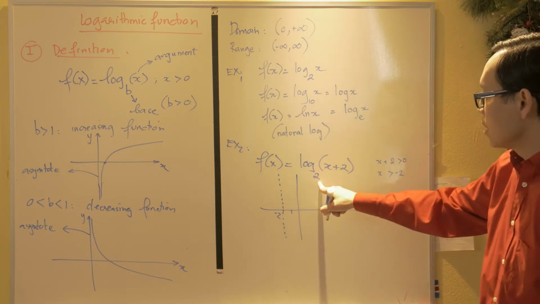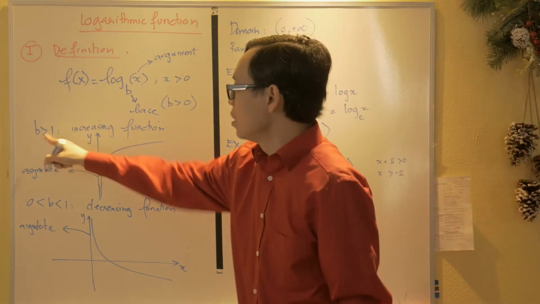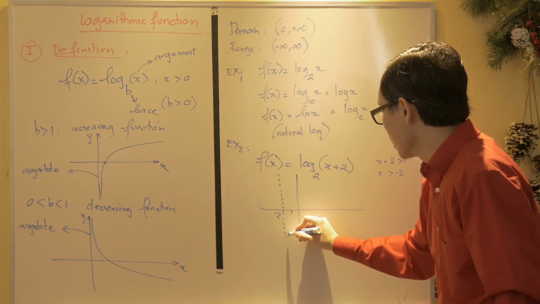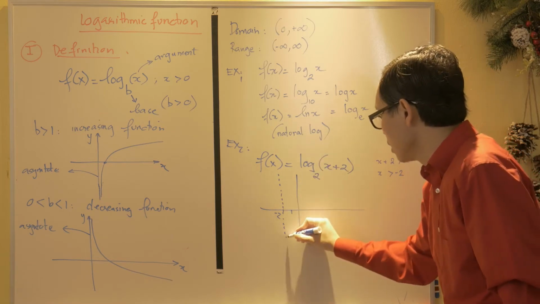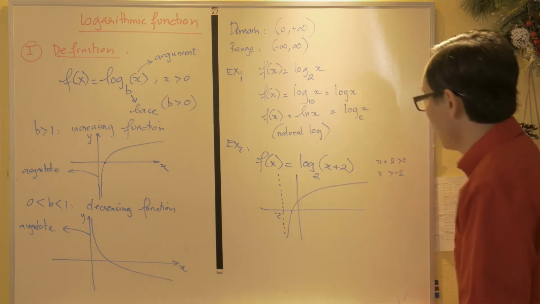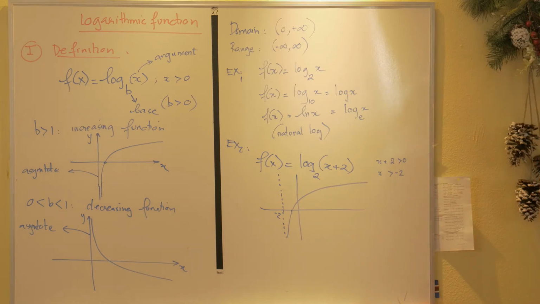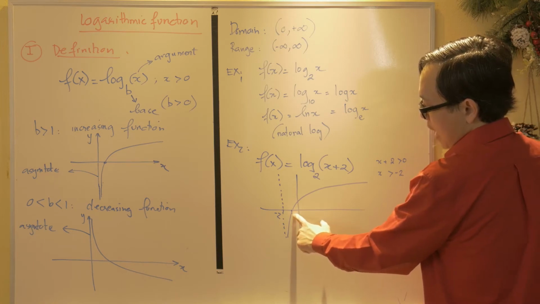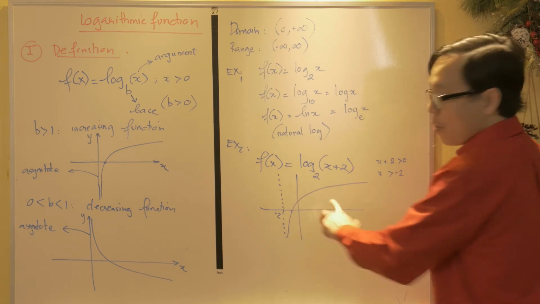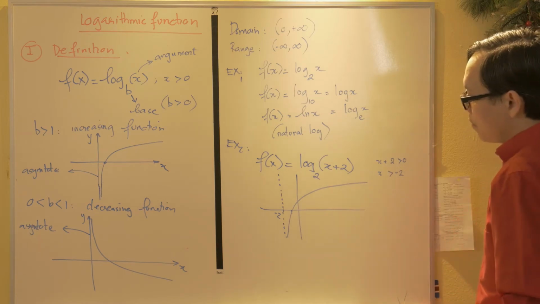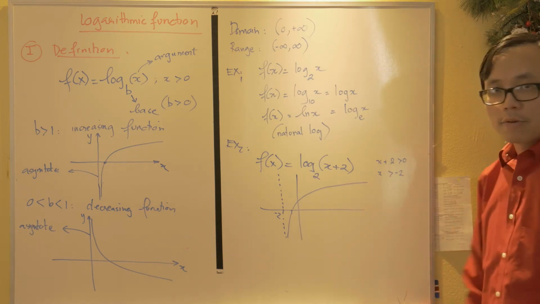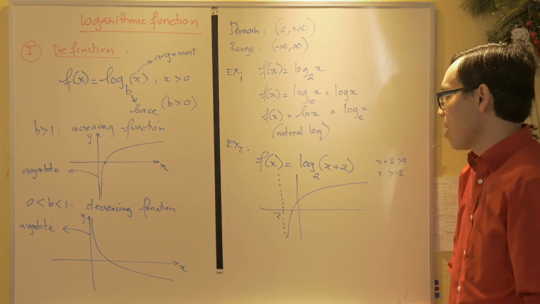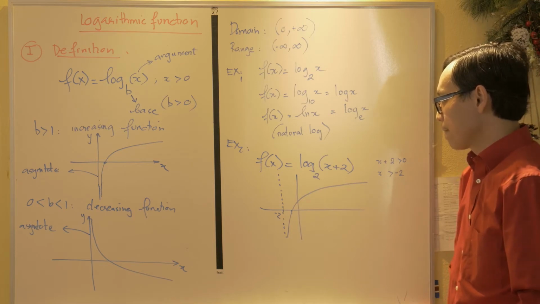And the b value is 2, so it's greater than 1, so we know this is an increasing function. We're going to have something like this, I just sketch. If we want to know where it cuts, we call that the x-intercept. Right now we don't know, but in the next few minutes I will show you how to find the x-intercept of the log function.